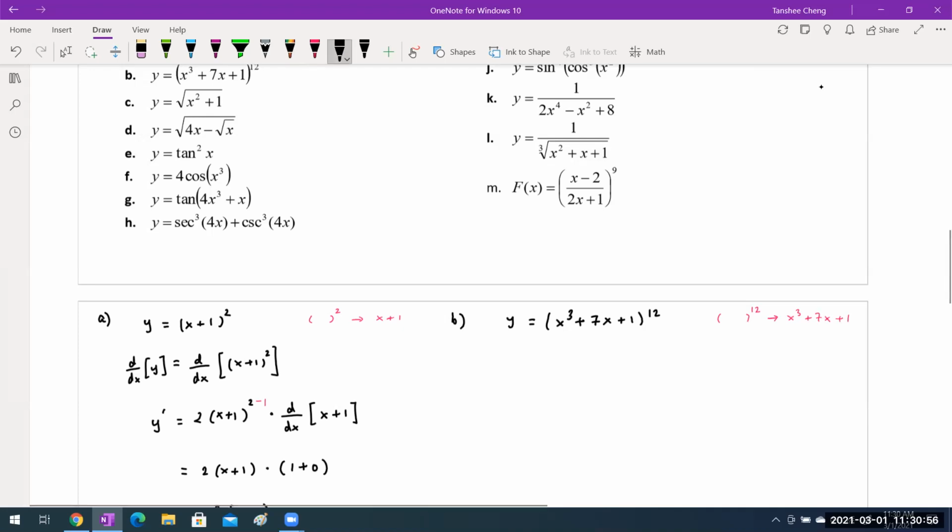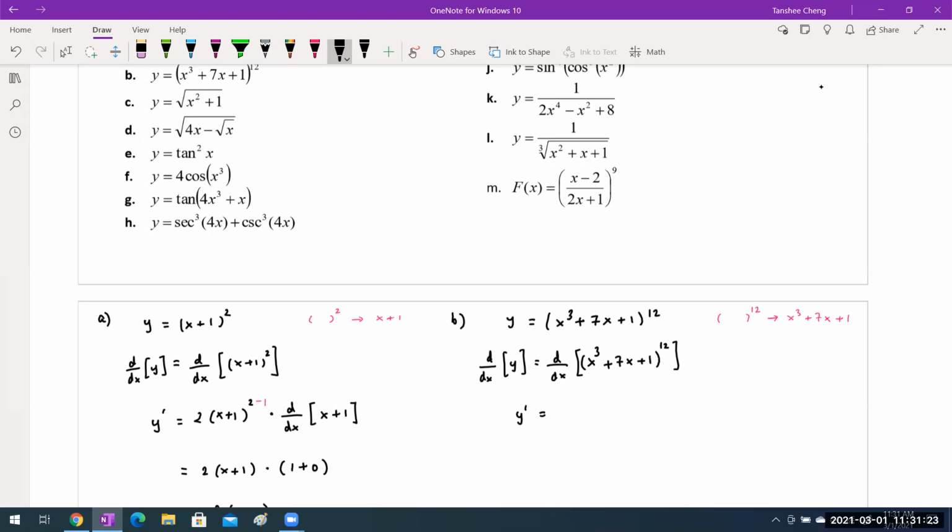So now, taking derivatives with respect to x on both sides, right? So x to the third plus 7x plus 1 to the 12th power. What we do is we take the derivative of the outer function, which we already know, that will be the power function.